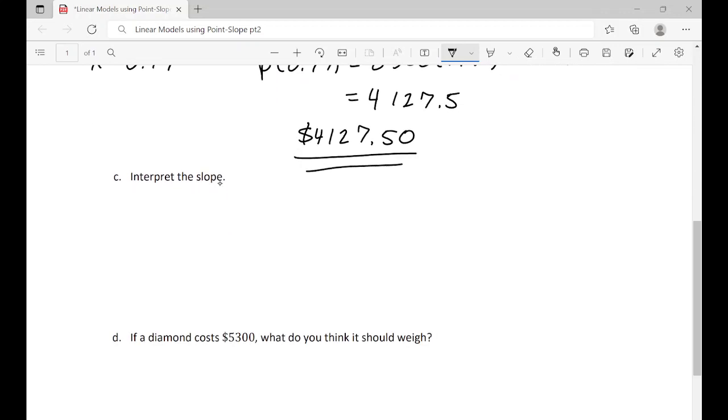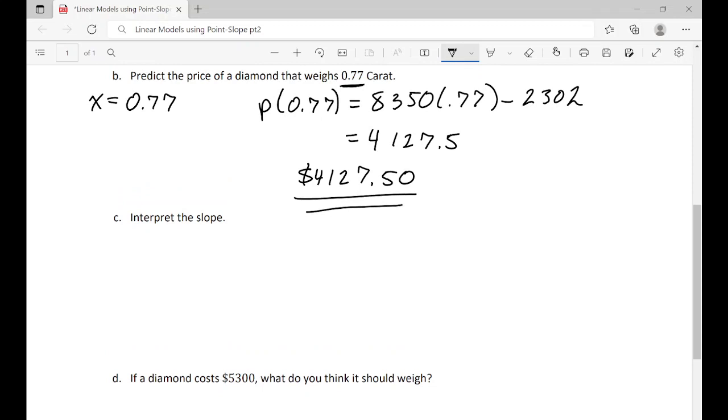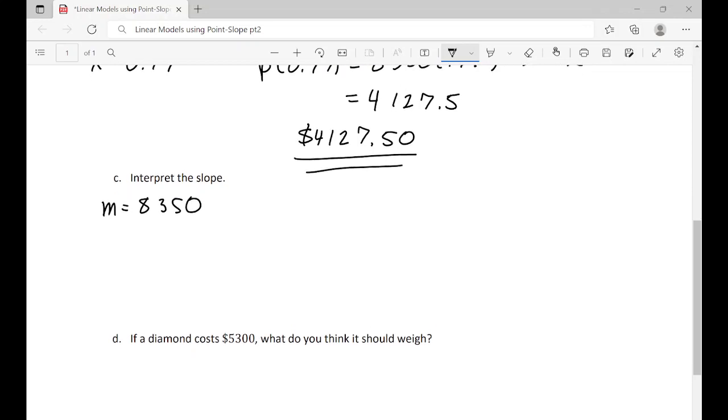Now we're going to interpret the slope, which the slope is $8,350. So what does it mean in context? Well, I'll say it this way.